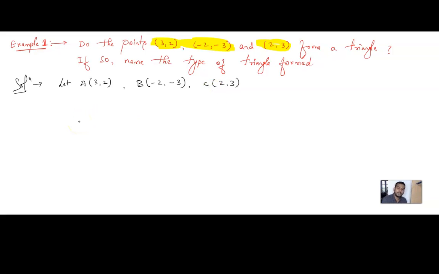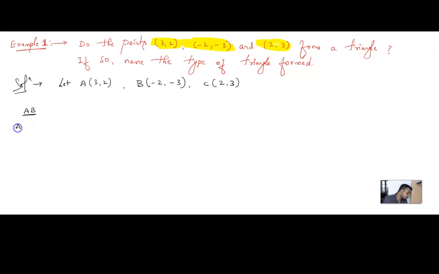First we have to find the distance between any 2 points. At a time we cannot find the distance between 3 points here. So let me solve step by step. First I am going to take the coordinates of A and B. I am finding the distance between A and B.